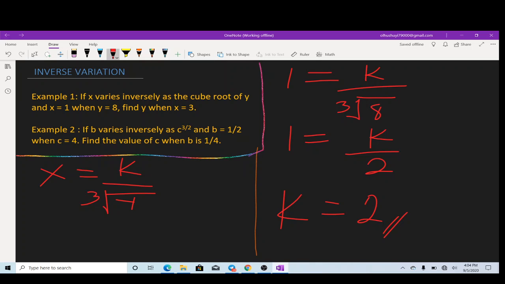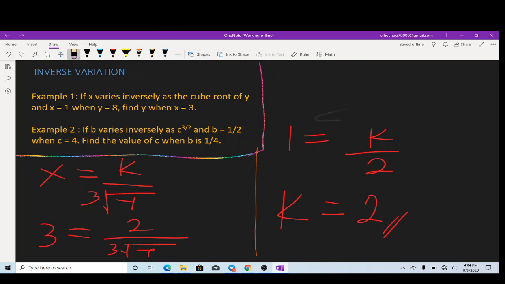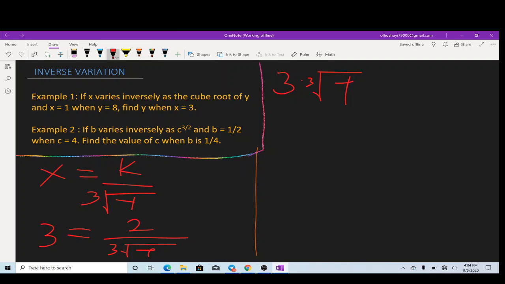So this means x is 3, our k is 2, upon the cube root of y. So what do we do? Let's proceed from here. You carry out the operation here: 3 times the cube root of y is equal to 2.